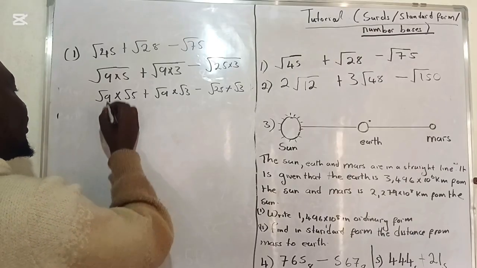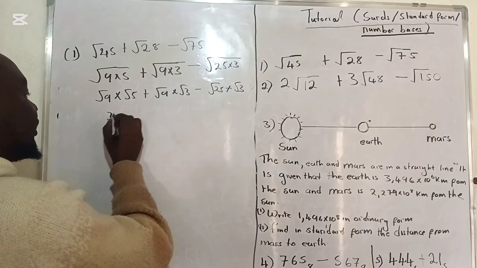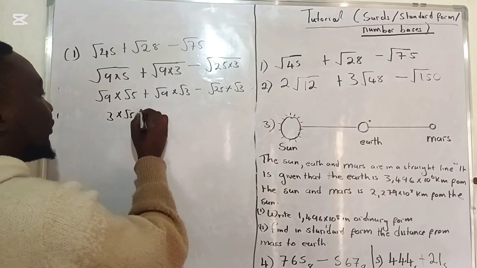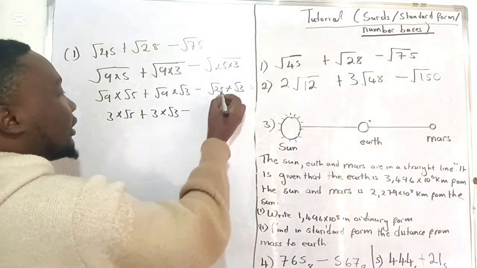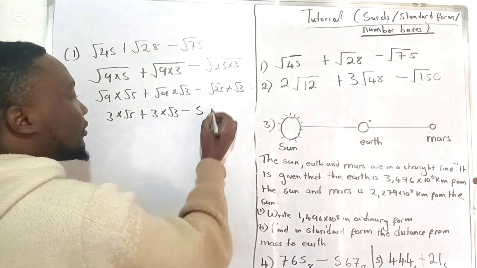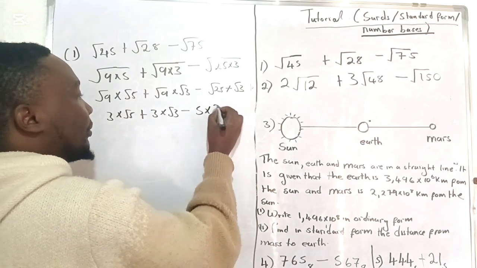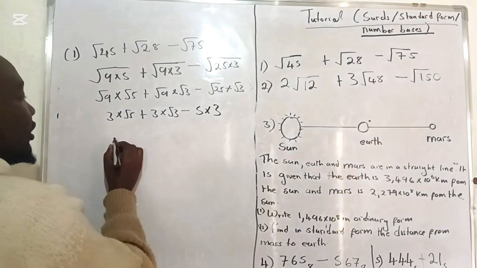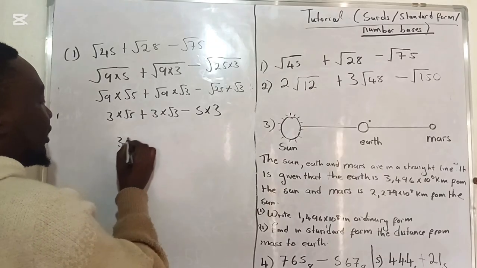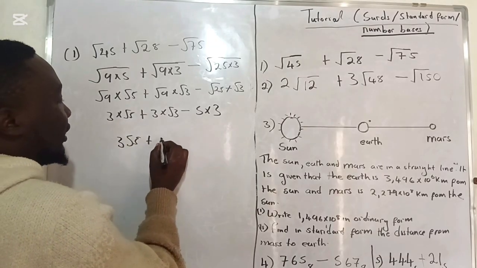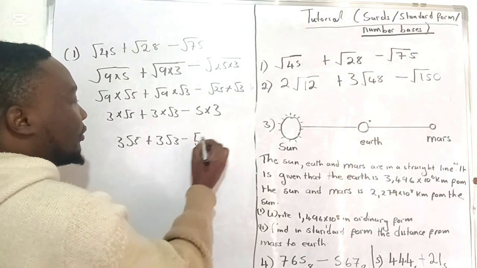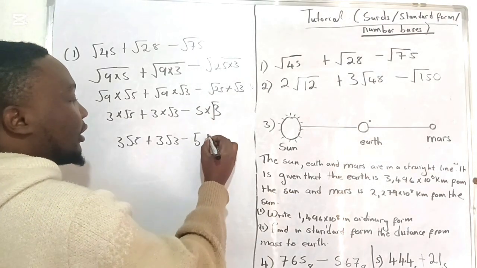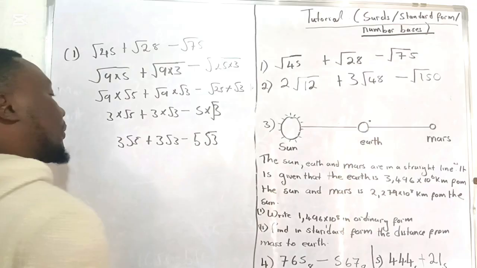Root 9 is going to give us 3 multiplied by root 5 plus 3 multiplied by root 3 minus 5, since root 25 is 5, multiplied by root 3. So here we remove the multiplication sign: 3 root 5 plus 3 root 3 minus 5 root 3.